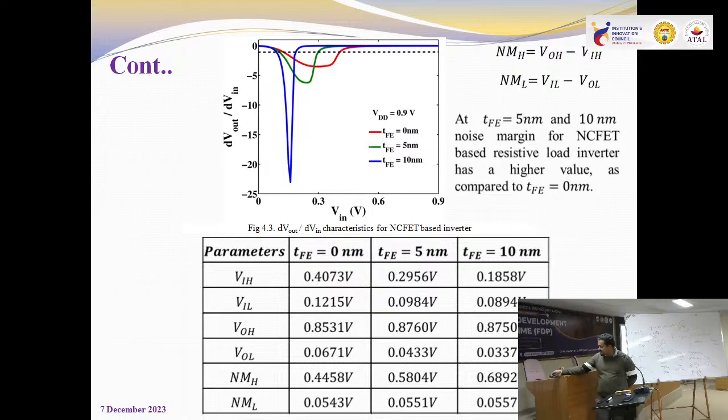NMH here is 0.58 and here is 0.689, and for MOSFET it was 0.44. So obviously this is higher. Similarly, low noise margin here is higher. In TFE equals to 5 nanometer it is moderate, and for TFE equals to 0, which is MOSFET, it is less. So noise margin for circuits designed with NCFET as the basic device is higher compared to MOSFET.